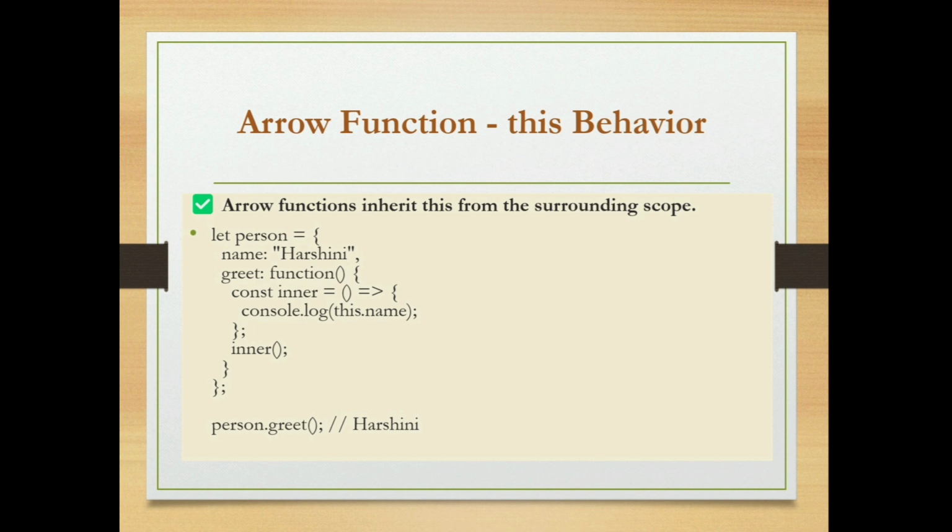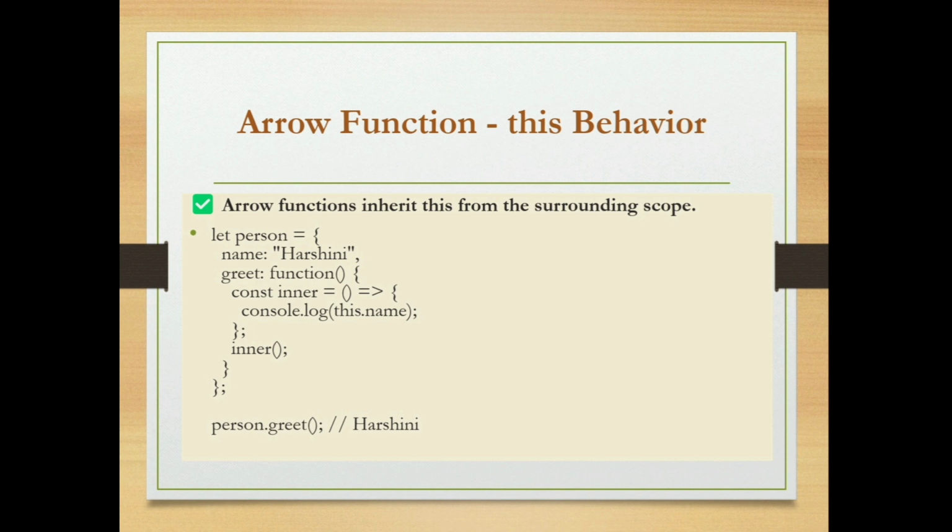Here is the example for the this keyword using an arrow function. To inherit this from the surrounding scope, we can use it like this. Here I am taking a variable let. I am creating an object like person. Here I am taking name as Harshini. I am taking a method greet. Inside the function I am taking an arrow function using inner.